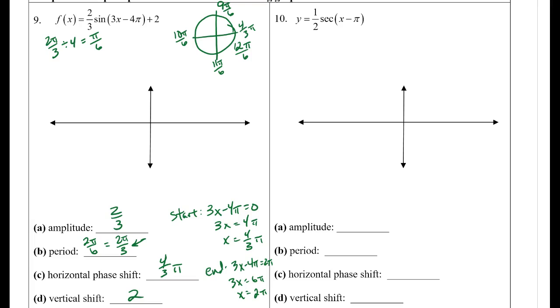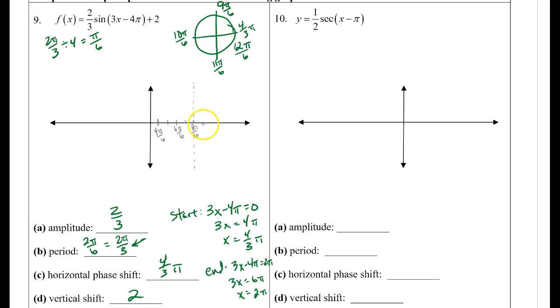So if I count backwards another full revolution, I have an actual starting point on my graph at 4 pi over 6, and I'm just going to count it by pi 6. So then 5 pi over 6, 6 pi 6, 7 pi 6, 8 pi 6, which is my actual starting point. So I'm going to put a little vertical line there.